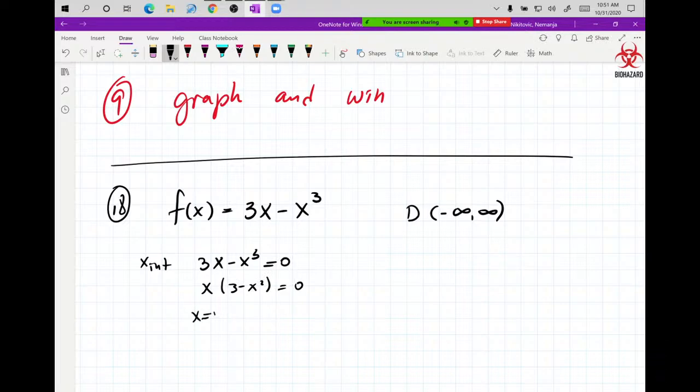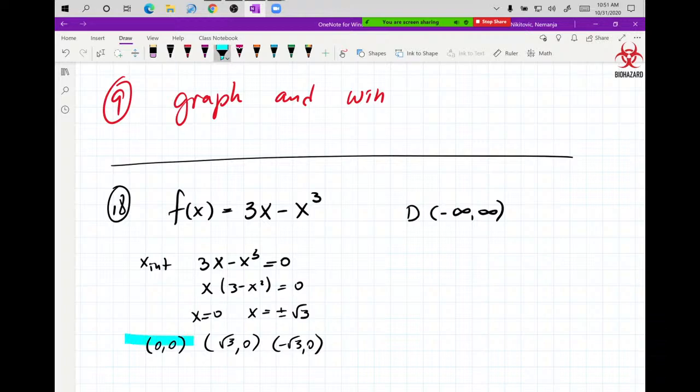And we get x equals 0 and x equals plus minus root 3. So I have 3 x-intercepts: 0, 0, which at the same time is a y-intercept as well, root 3, 0, and negative root 3, 0.